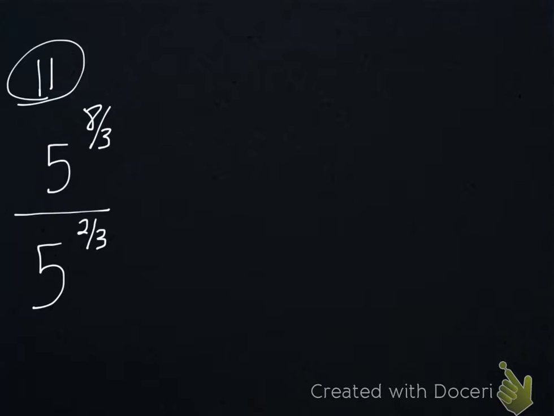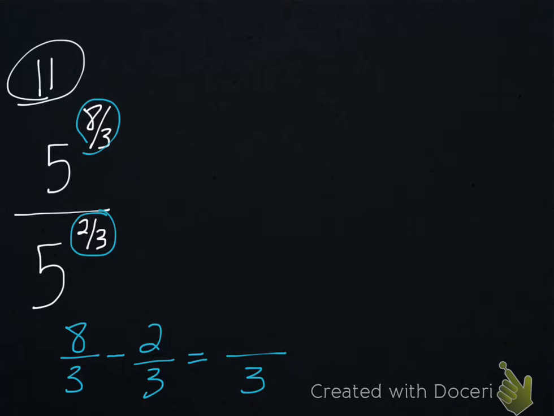Number 11. The bases match, 5 and 5. Now look at the exponents. Okay, so they're fractions, no big deal. Top minus bottom. 8 divided by 3 minus 2 divided by 3. Notice I made it easy for you. All the denominators match. So all you have to do is subtract the numerators. 8 minus 2 is 6.